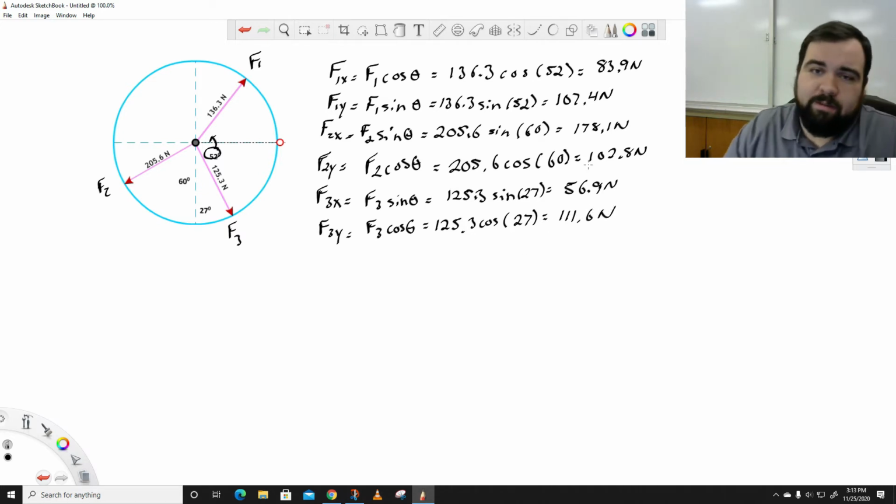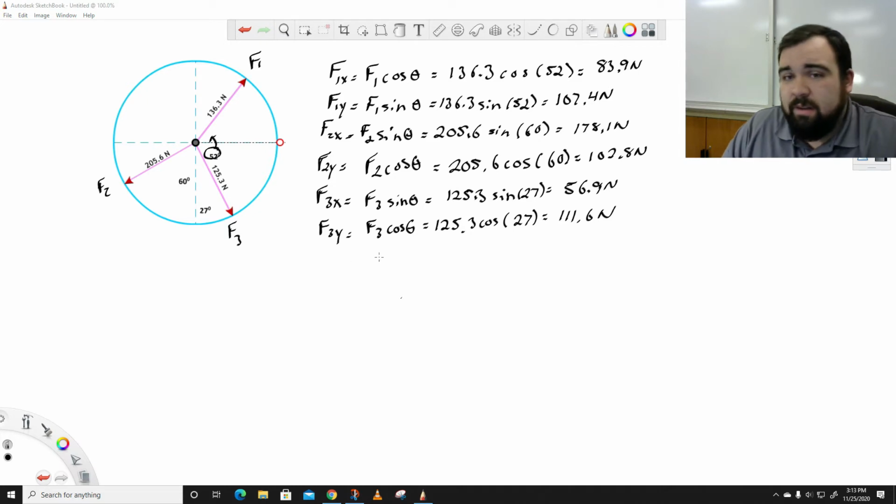Okay, so there we have all of our components for the three forces, the x's and the y's. Next bit is we're going to want to figure out the components of the net force, so Fx net and Fy net. Remember, you need to consider which direction things are traveling in order to add those up correctly. I'm going to do those down here in the bottom left.